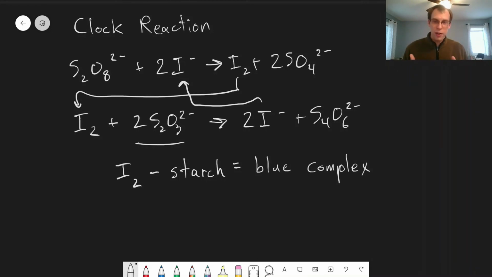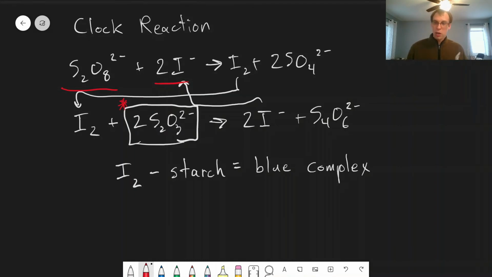And when that blue color is formed, we know that however much thiosulfate we added got used up. So that's the idea behind the actual experimental procedure. We're going to make separate solutions of persulfate and iodide, mix them together in combination with thiosulfate, and look for when that thiosulfate gets used up.